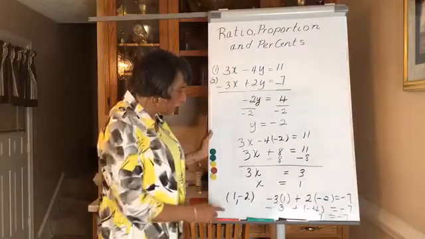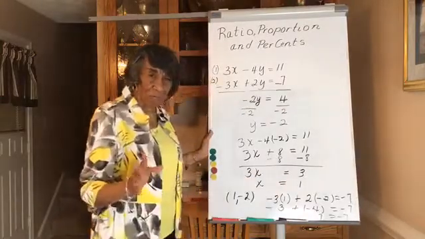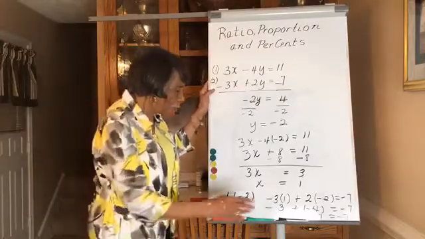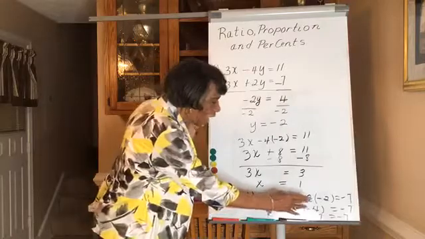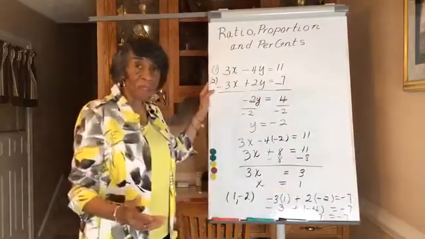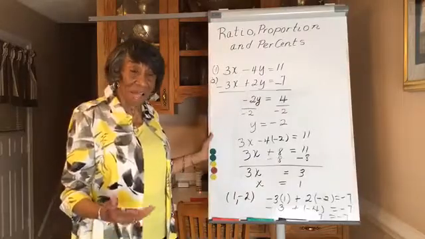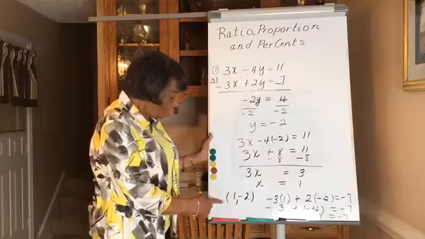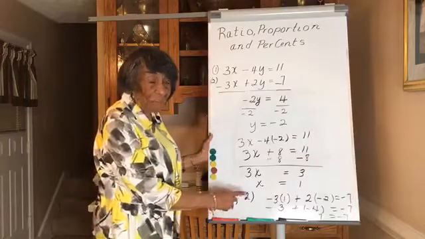All right, now to be sure that it works in both equations, I'm going to equation 2 and put in both x and y and see if it balances that equation. So that tells me then that the solution is 1, -2.